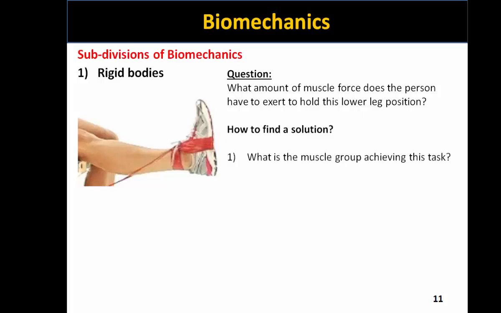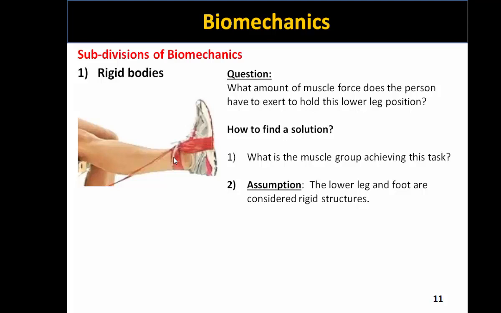To find a solution, we first have to go to anatomy. We have to ask, what is the muscle group achieving this task? From your anatomy courses, you know that in order to hold this position, the knee extensor muscle group acting through the patellar tendon inserting onto the tibia is responsible for this action.